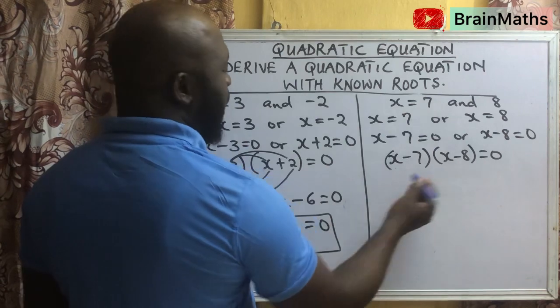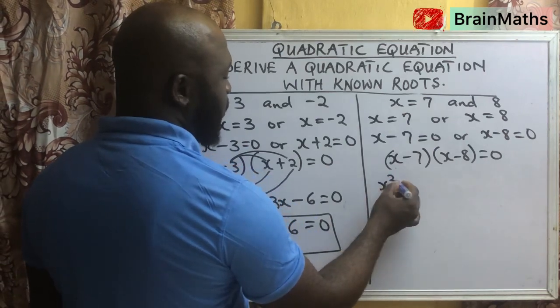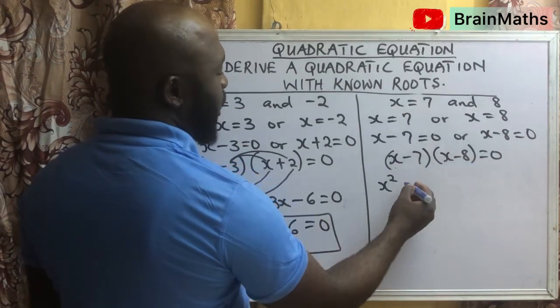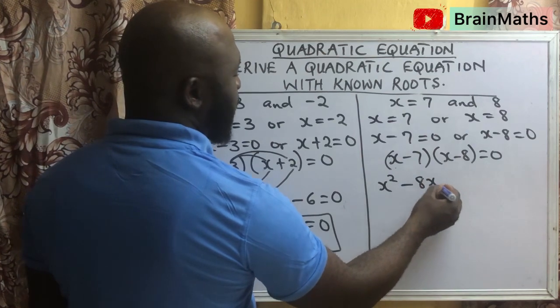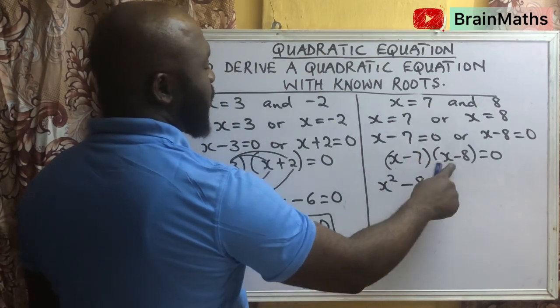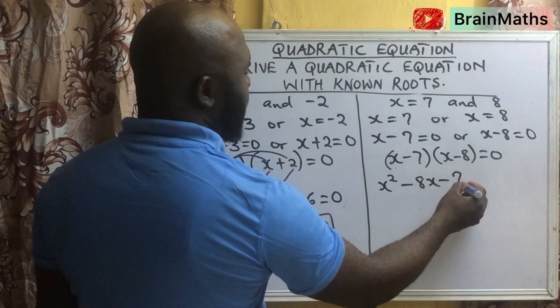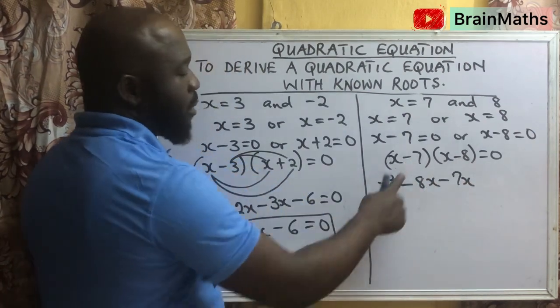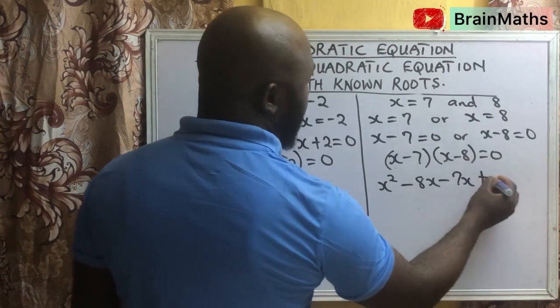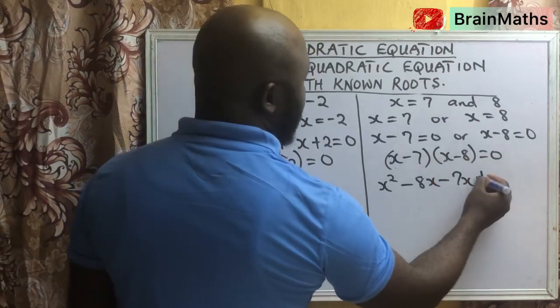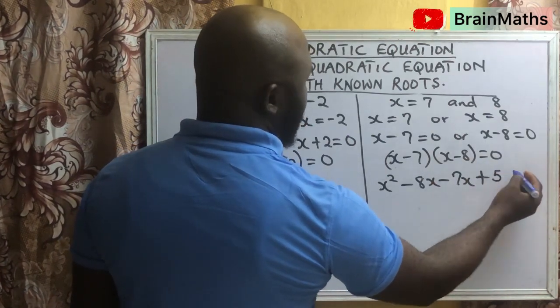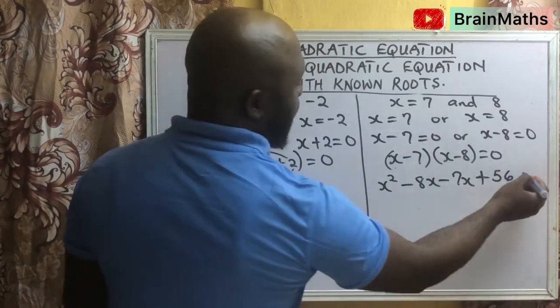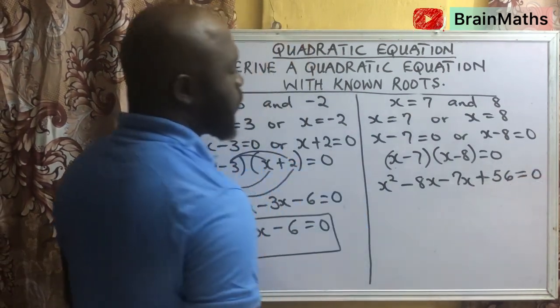So x times x will give us x squared. X times minus 8, that is minus 8x. Minus 7 times x, minus 7x. Minus 7 times minus 8, minus times minus, plus 7 times 8, that is going to give us 56 equals 0.